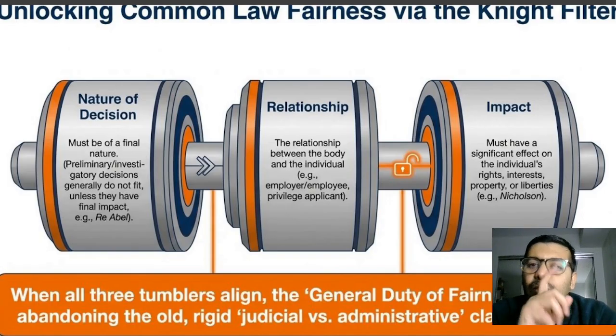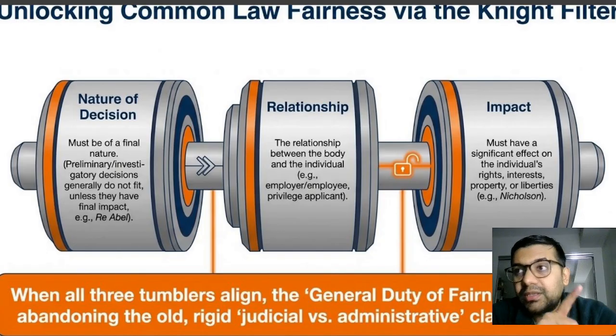What if you go to the court at that point of time and say that they have barred me from taking the examination for the next 1 year, I want to challenge this decision because procedural fairness was not followed there. And then the court will say, you know what, this is a preliminary decision. Then why are you coming here? Let them make the final decision, then we'll decide, right? That's the nature of the decision.